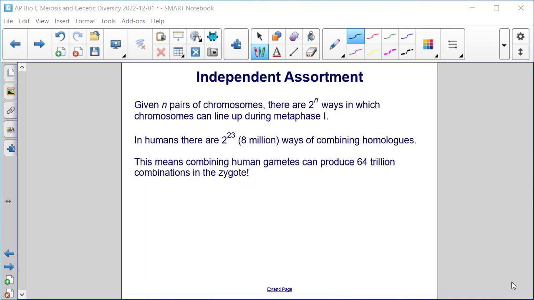Given n pairs of chromosomes, there are 2 to the n ways in which chromosomes can line up during metaphase 1. In humans, there are 2 to the 23rd, or 8 million, ways of combining homologs. This means combining human gametes can produce 64 trillion combinations in the zygote, just as a result of independent assortment.